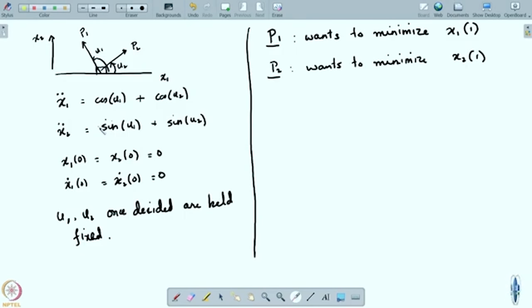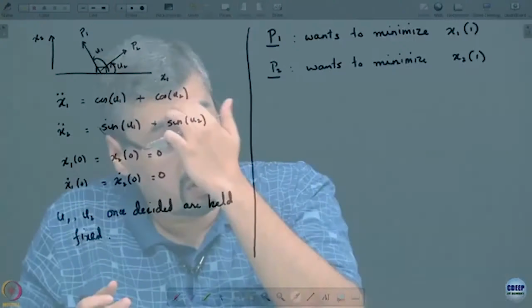Now, what we want to know is, if these two players are engaged in this kind of situation and they have to choose their u1 and u2 in a non-cooperative fashion, what is the way to solve this problem, and what should be the solution concept by which we should be analyzing this problem, right?